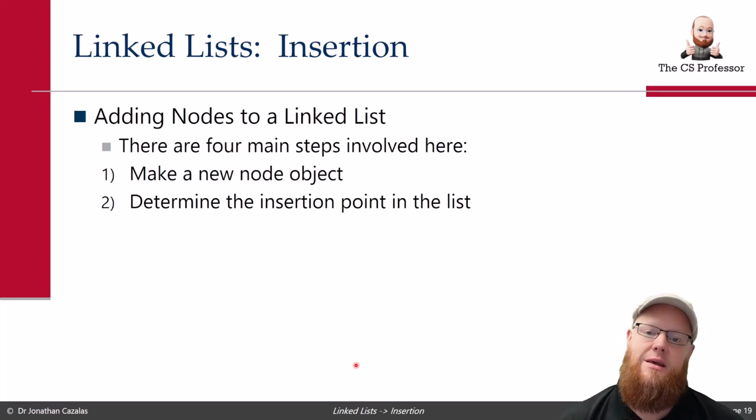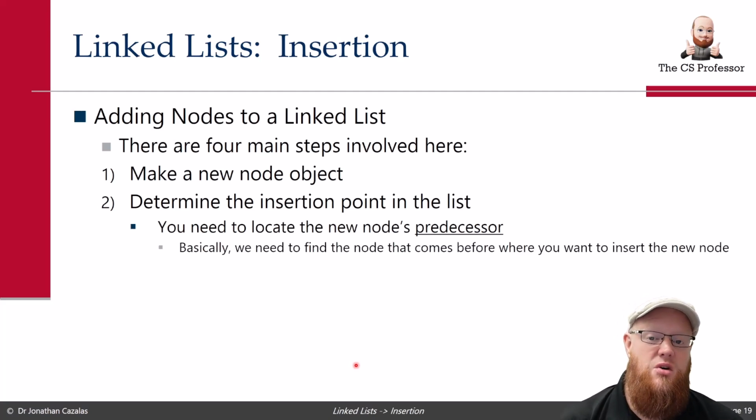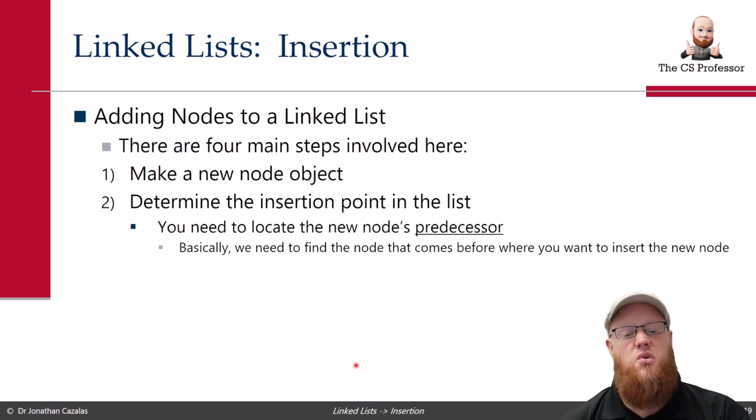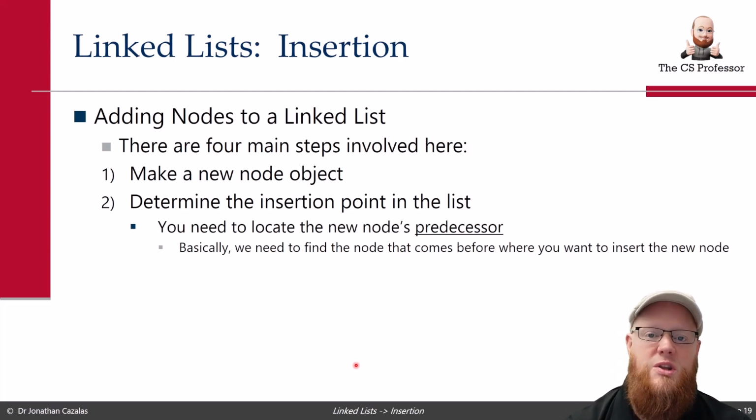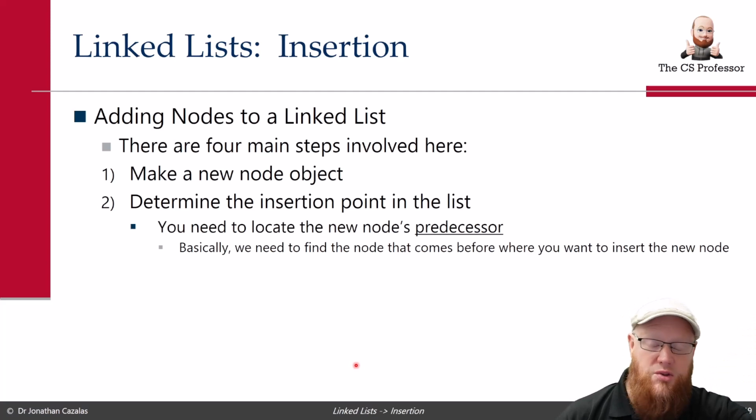So based on its key, determine where it gets inserted, which really means I'm going to introduce two new words here. Here's one of them. We need to identify the predecessor of that new node. What is the predecessor? The predecessor is the node that comes before the new node once we've inserted it into the list. So imagine you have 10 nodes, you insert a new node, so now you have 11.